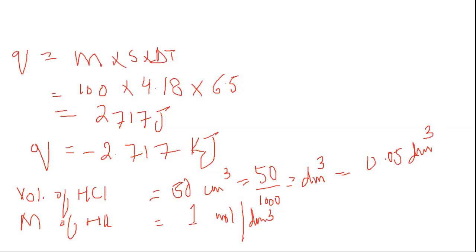So by these two values we can calculate the number of moles. As we know, molarity is equal to moles per volume in dm cube. So we have to calculate the moles. Volume is in a division, so on the other side of the equation it will be in a multiplication. So molarity multiplied by volume will be equal to moles.